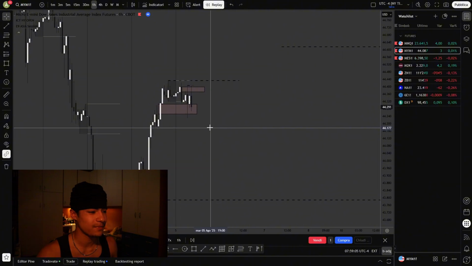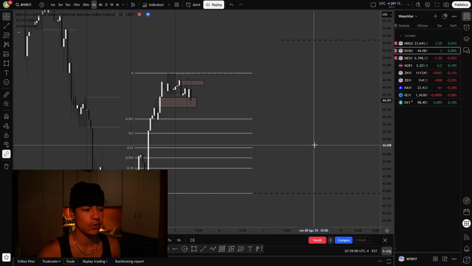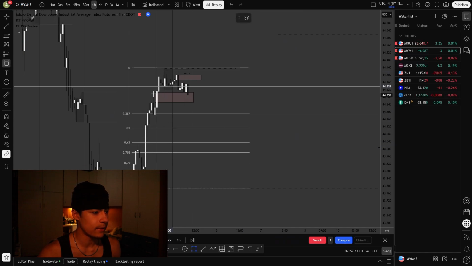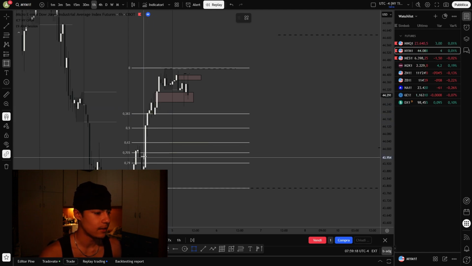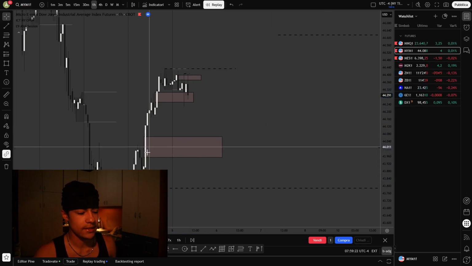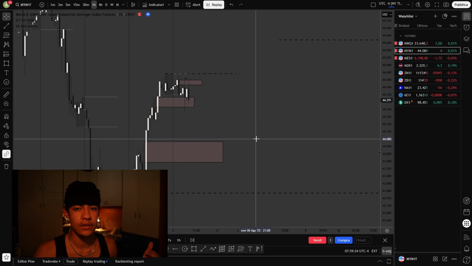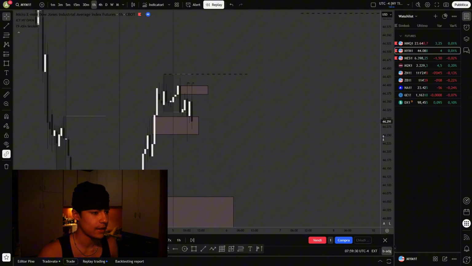So I wasn't even considering this fair value gap, because as you should know, all the fair value gaps above the 0.5 on a bull run are in the premium zone, and the real ones, the most effective ones, are those in a discount zone, so below the 0.5 of the Fibo.